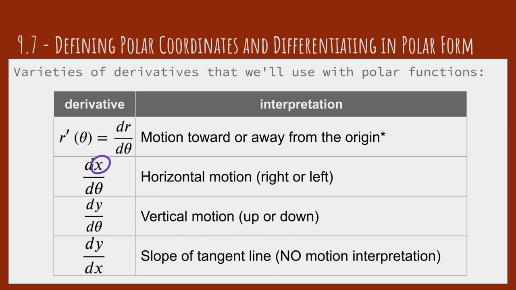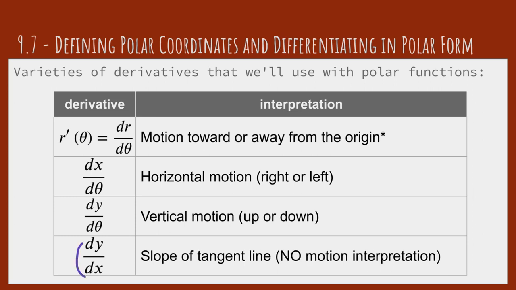Since the x-coordinate tells us where the object is along the x-axis or horizontal location, then dx d theta is going to tell us whether the object is moving right or left. If dx d theta is positive, it's moving right. If dx d theta is negative, it's moving to the left. dy d theta is similar to dx d theta, but we're talking about vertical motion, so up or down.